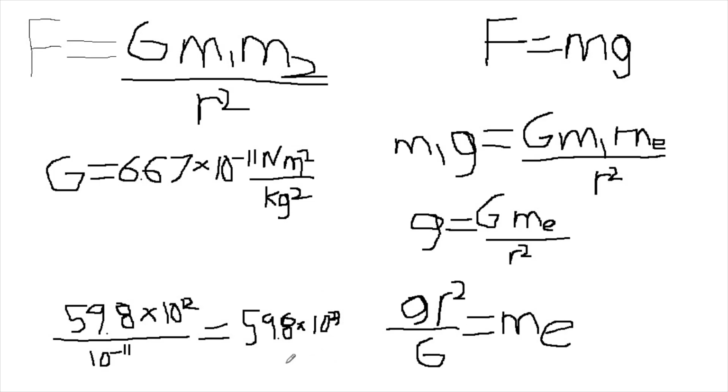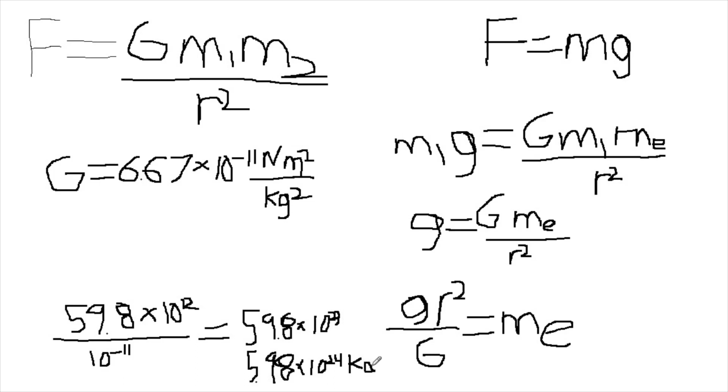Or if we want to put it in scientific notation, 5.98 times 10 to the power of 24. So this is what we got: 5.98 times 10 to the power of 24 kilograms.